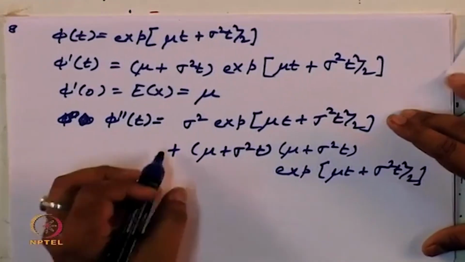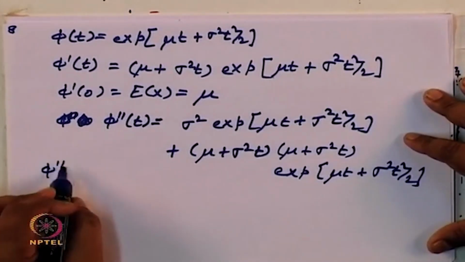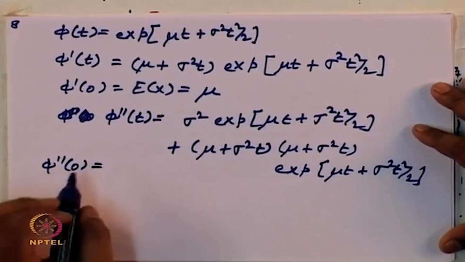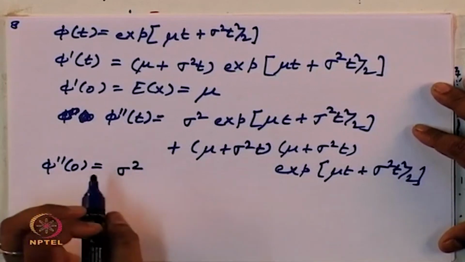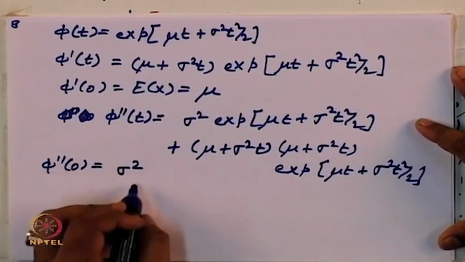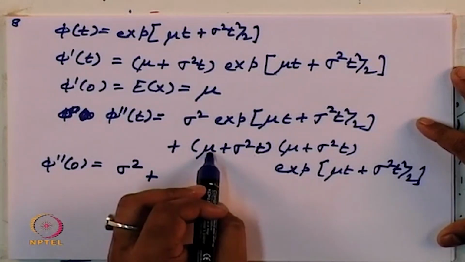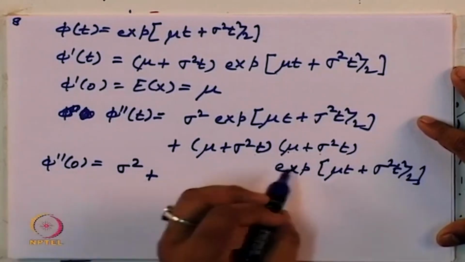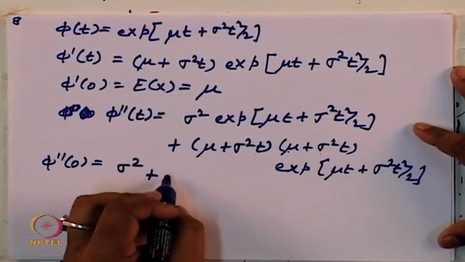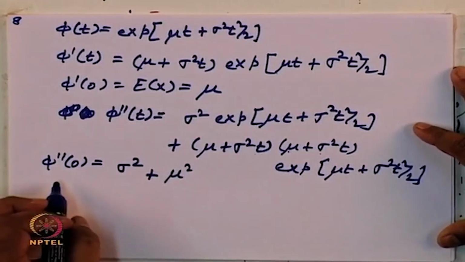So, phi double prime of 0 will give me sigma square plus, with t equal to 0, you only get mu here and also mu here, and this whole thing is 1. So, you get sigma square plus mu square.